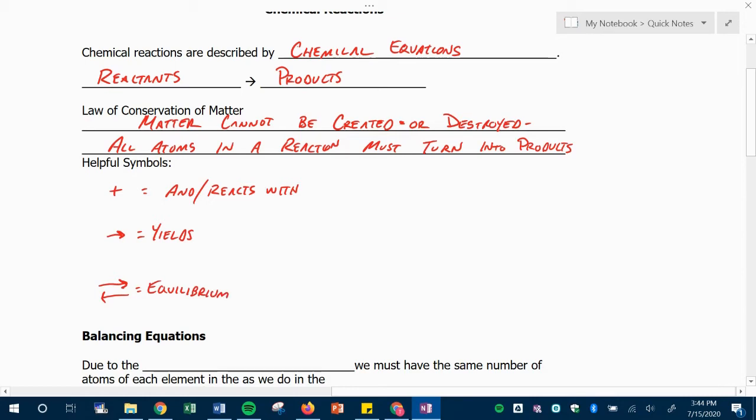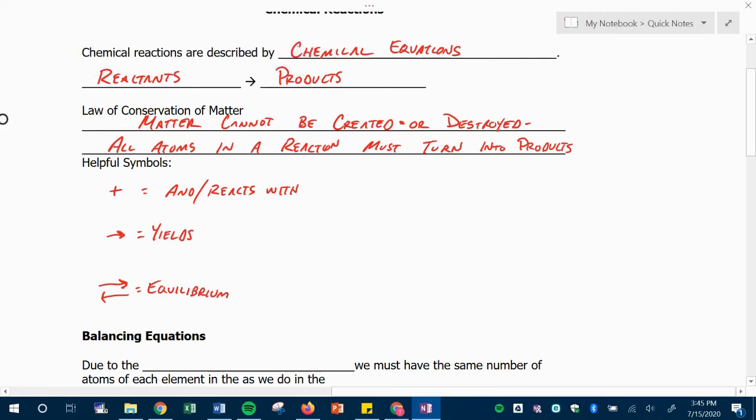Now, equilibrium is, if it helps, if you've taken bio, kind of like the idea of osmosis, where stuff can go forwards and backwards through a membrane. So in chemistry, it's like a reaction takes place and then this opposite reaction takes place. So it's reversible. Then some other symbols.